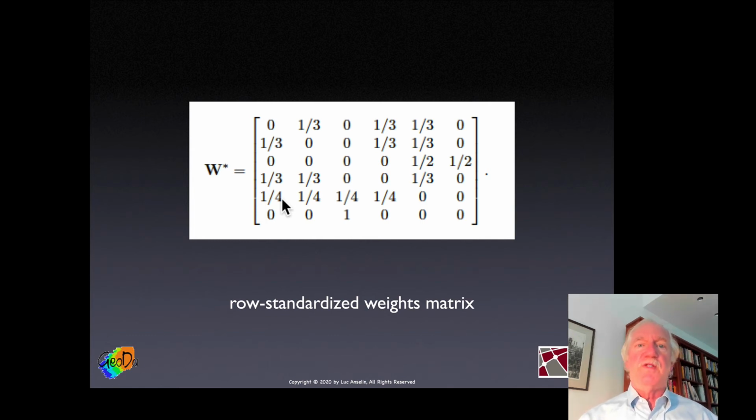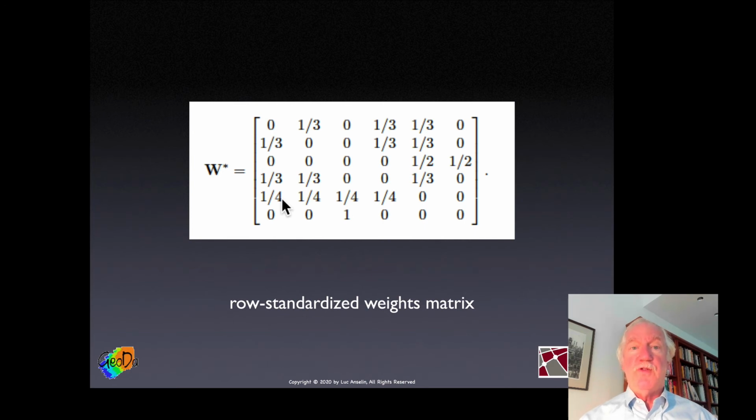There's another side effect, benefit, if you wish, of this. In many statistics, we will need the sum of all the weights. Now think for a second. When we row standardize the weights, we always immediately know what the sum of all the weights is, because the sum of the weights in each row is 1 by construction, and we have n, the number of observations, such rows.